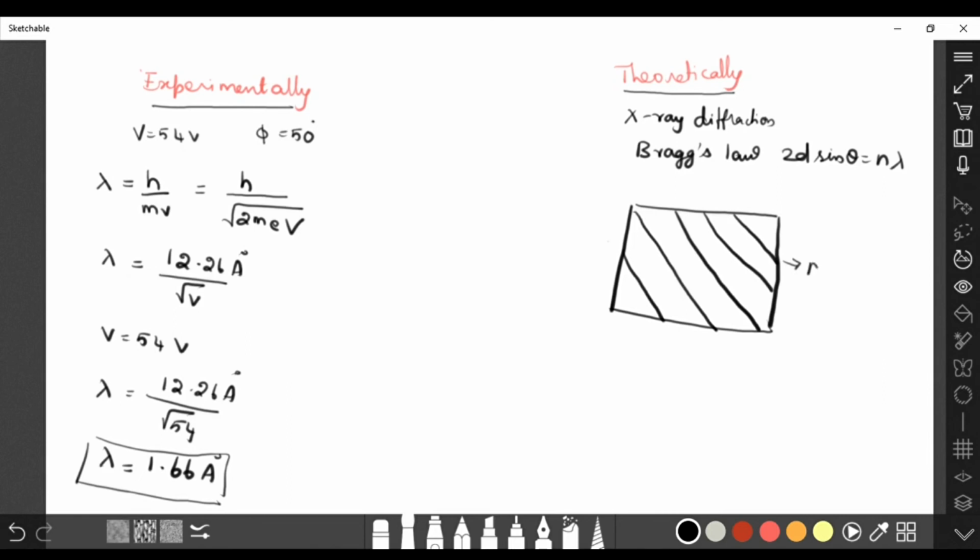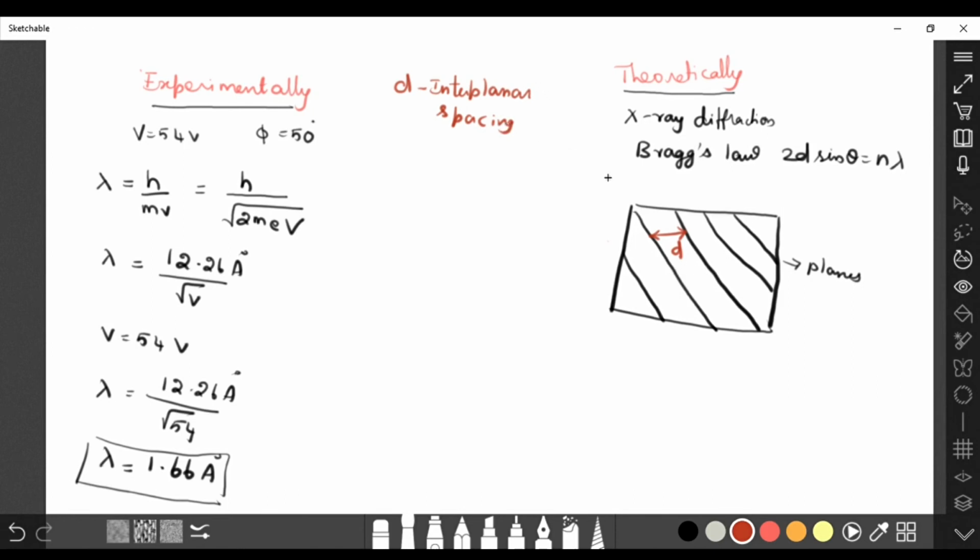In between these two planes there is a distance, and that is called interplanar spacing. What is d? d is nothing but the interplanar spacing. What is interplanar spacing? The spacing between the two planes is called interplanar spacing.